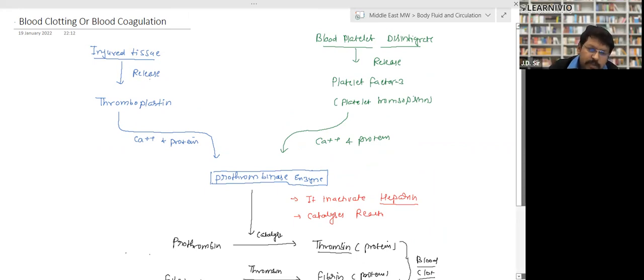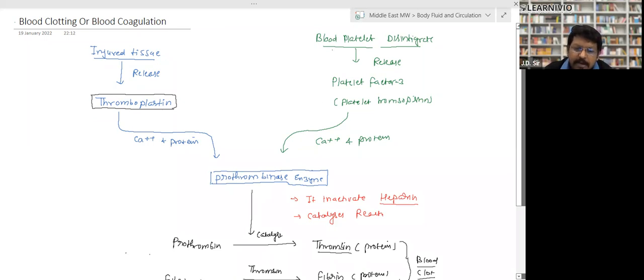When we get injury, tissues release a substance, and the name of the substance is thromboplastin. Thromboplastin is a type of chemical. Again, this thromboplastin in presence of calcium and protein changes into prothrombinase enzyme.